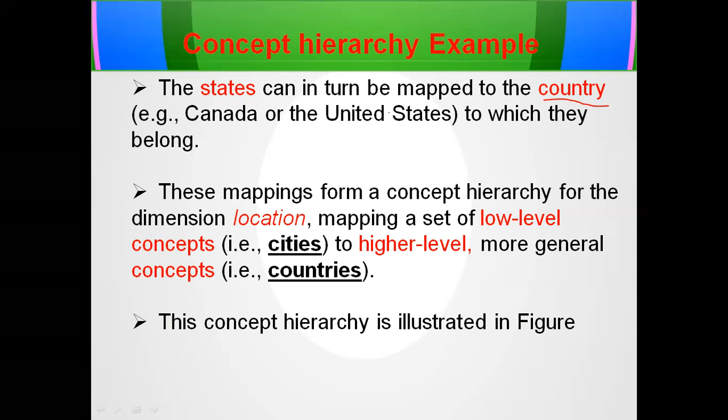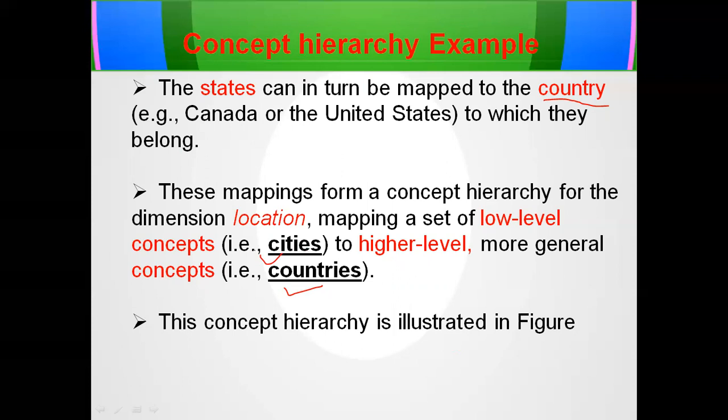With examples, we will see which cities we can map to the state, and the state we can map to the country. So these mappings form a concept hierarchy for the dimension location, mapping a set of low-level concepts, that is city, to higher-level, more general concepts, that is countries. So low-level concepts are cities and higher-level concepts are countries.